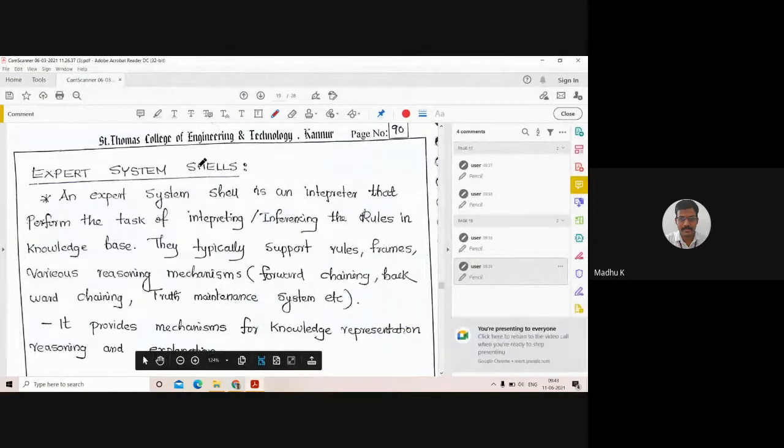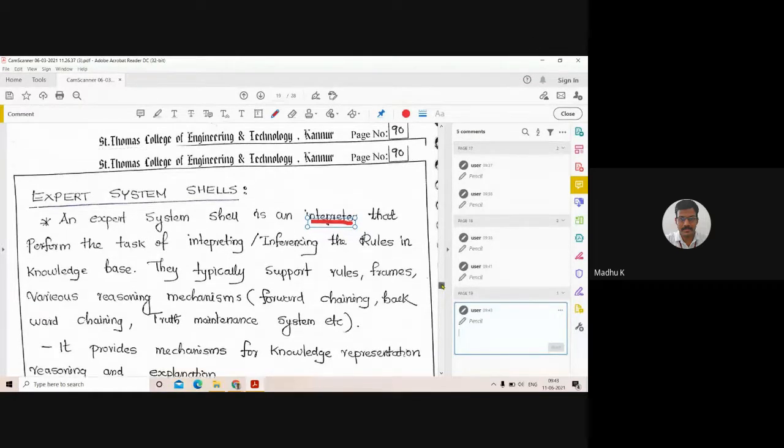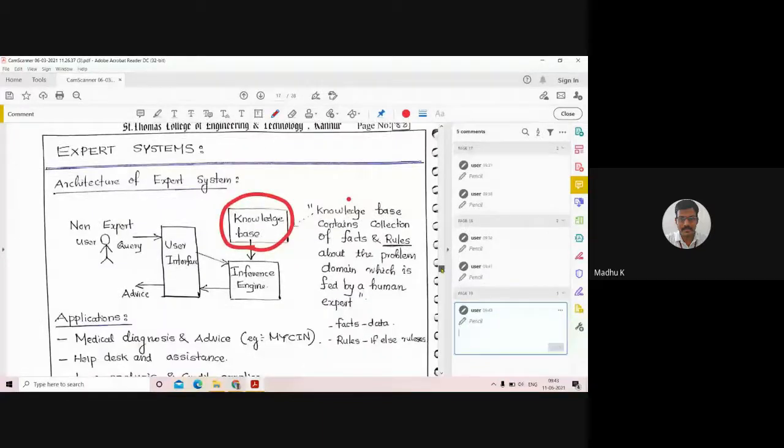An expert system shell is an interpreter that performs the task of interpreting or inferring the rules in the knowledge base. You can go to the architecture. There is an inference engine here.